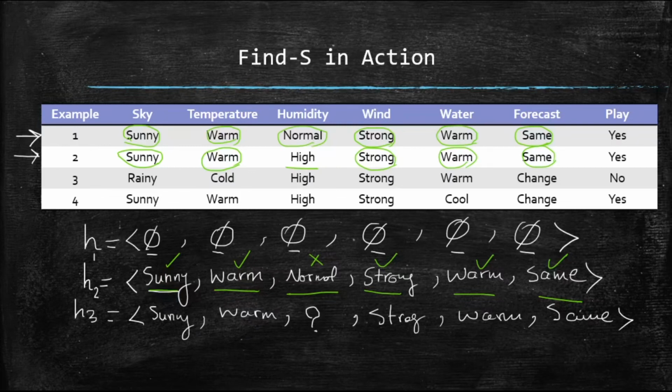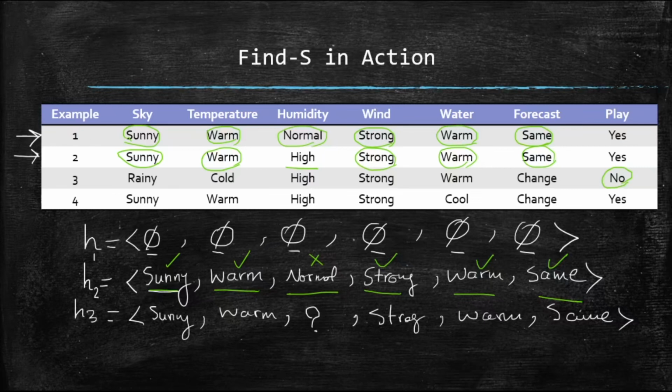Hypothesis 3. Now, as you can notice, because of this question mark, the H3 hypothesis can be satisfied by both example number 1 and example number 2, both of which are positive examples. Now, the Find-S algorithm doesn't even bother with example number 3 because it is a negative example. We have to jump over it. But remember, if you look at the values, H3 is already rejecting example number 3, right?